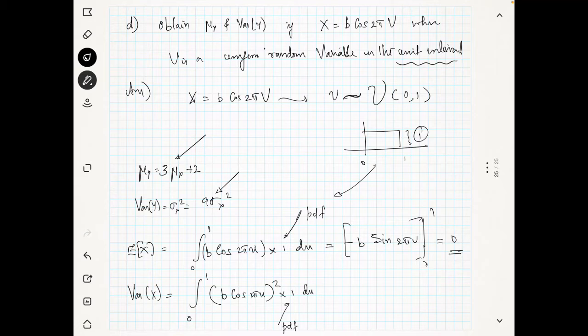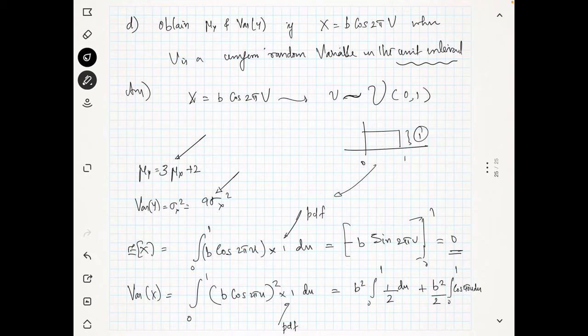Now if you integrate this, you will get b square by 2 integral 0 to 1 of 1 du, because you are integrating with respect to u, plus b square by 2 integral 0 to 1 cosine of 4 pi u into du.